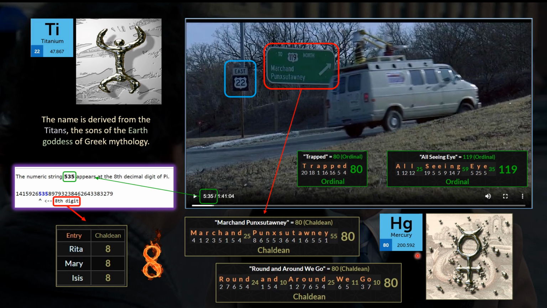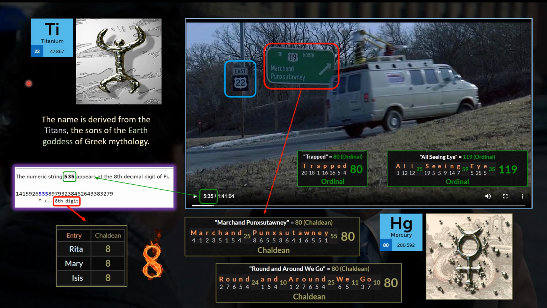The number 200 reminds us of the 200 fallen angels from the Book of Enoch. And the artwork here provided by the Royal Society of Chemistry shows us the alchemical symbol for Mercury, the little devil. And in the background, if you pay close attention, you can actually see the snake eating its tail for the Ouroboros, the life, death, rebirth cycle.